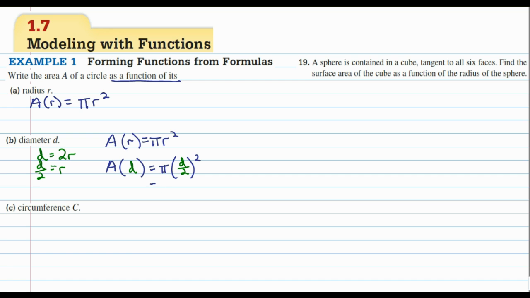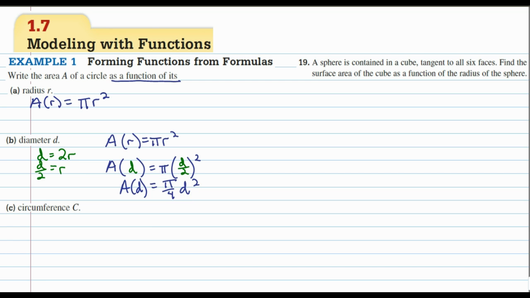Or you could rewrite that as d squared over 4, so that would be pi over 4 d squared. So the area as a function of its diameter is pi over 4 times d squared. All I did was substitute, instead of radius, I put diameter over 2.